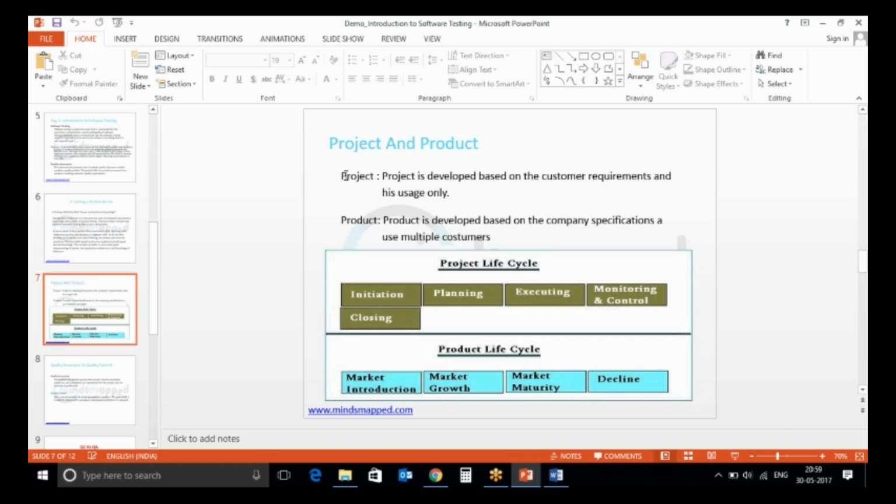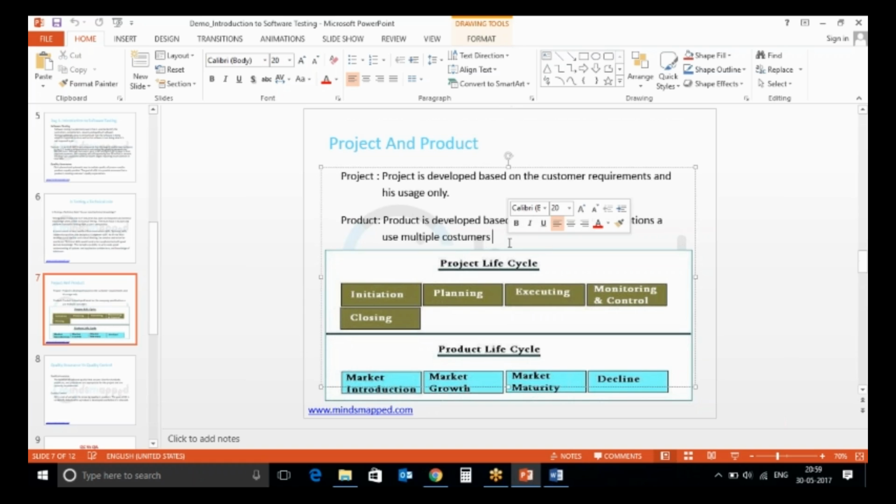Okay. So if we talk about the difference between a project and a product: a project is developed based on customer requirements and his usage only. A product is developed based on the company specification, used by multiple customers.